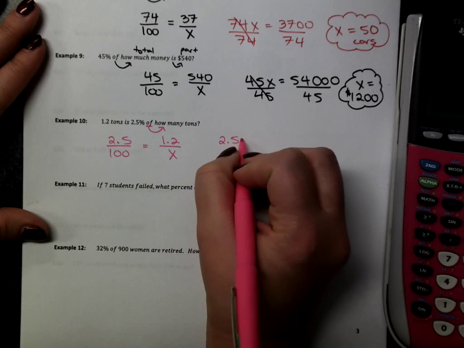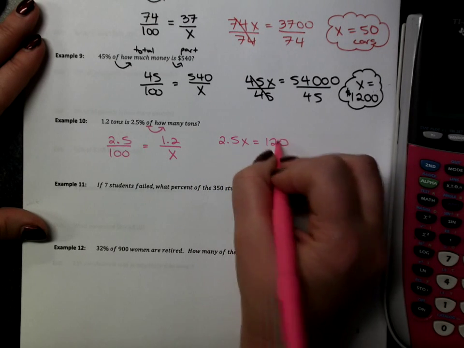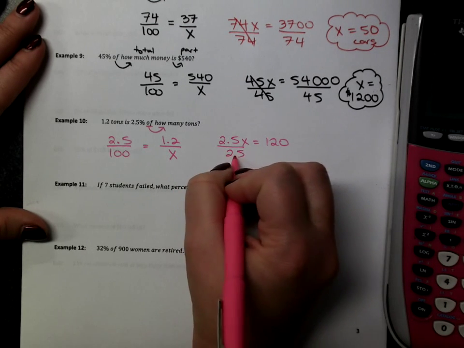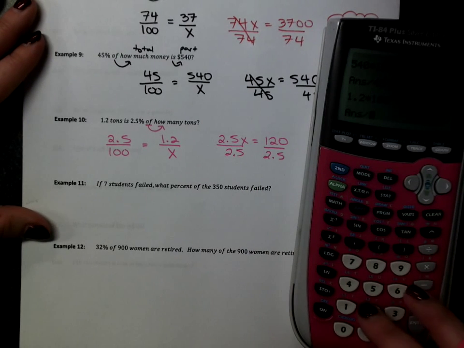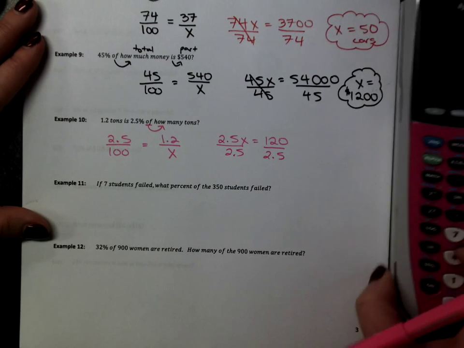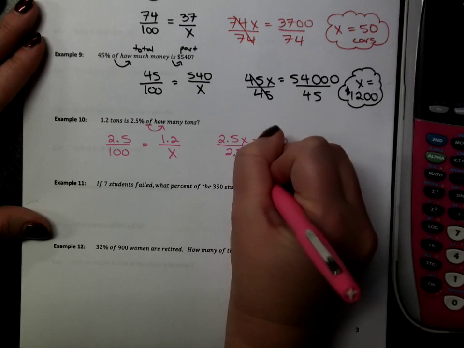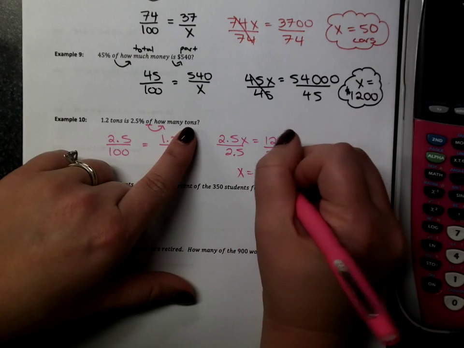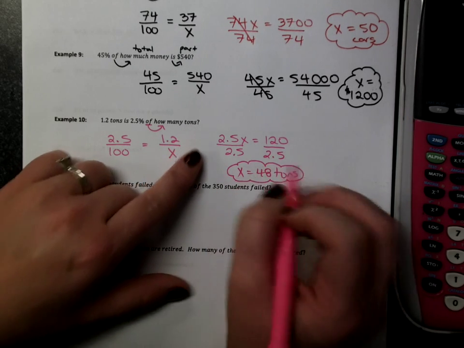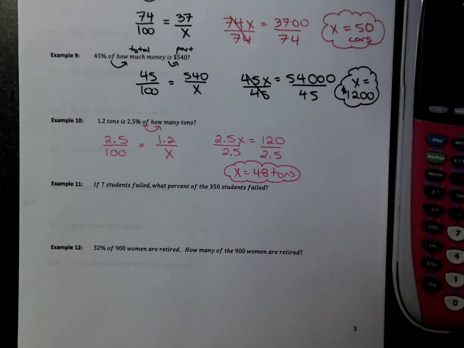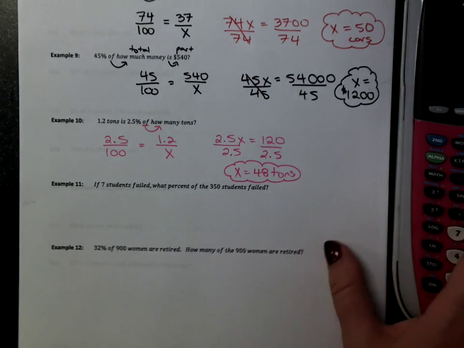So 2.5x equals 120. Divide by 2.5, make those decimals nice and clear. Divide by 2.5, and x equals 48. And we're talking about tons. 48 tons is your total, is your whole number or total.